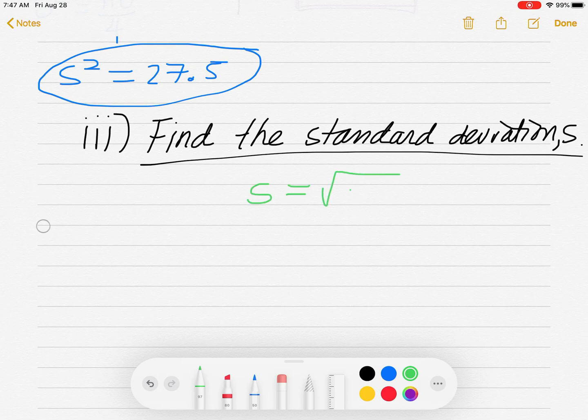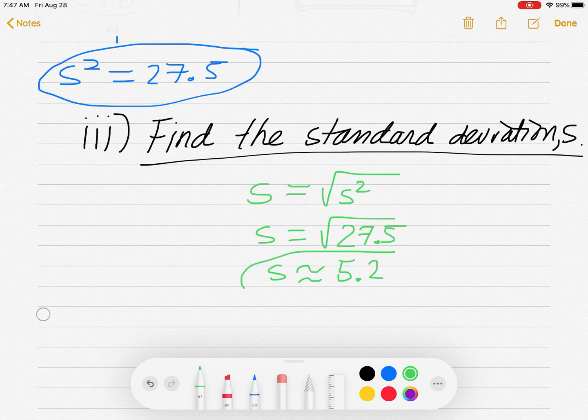Standard deviation is the square root of the variance. So it's going to be the square root of 27.5. If I take the square root of 27.5, I get about 5.2 approximately. You get a decimal, so you're going to have to round it off somewhere. 5.2 would be fine.